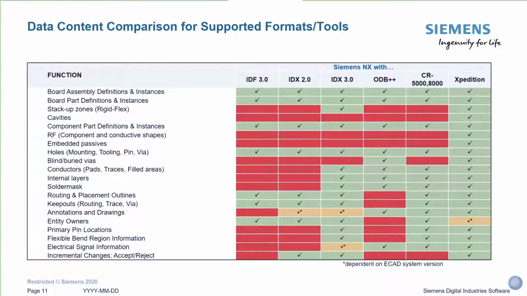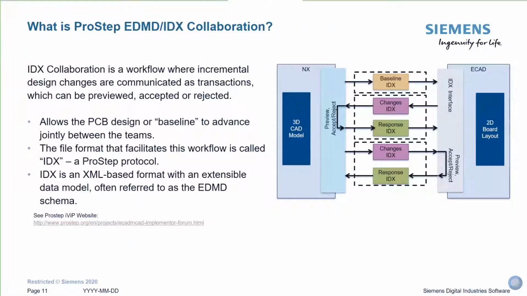This is extremely powerful, and we'll get into this in the next slides. It is extremely powerful when you want efficient collaboration between the mechanical and electrical domains, and this collaboration can also be beneficial to your thermal analysis as well. So let's get into what the incremental changes mean.